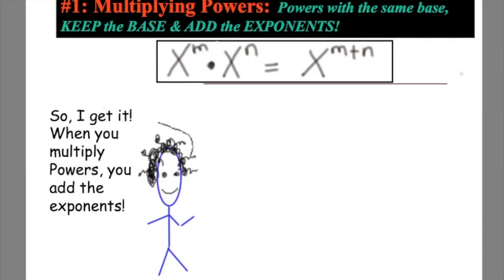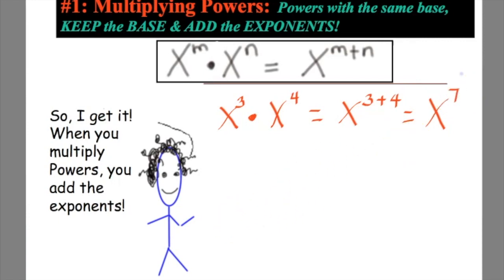Let's do a couple example problems multiplying with the same base. So our first example, x to the 3rd is being multiplied by x to the 4th. According to the rule, I must have the same base, and I do, and I add my exponents. So 3 plus 4. That will give me x to the 7th power. Hope that's making sense.